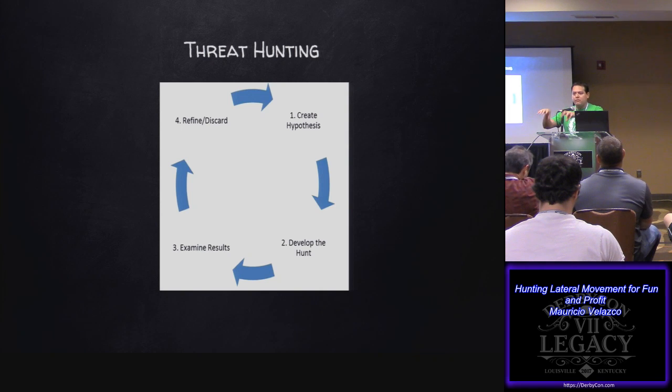You're going out there, digging through information, and armed with knowledge of how offensive is done, using that to create analytics to detect bad stuff. Usually you start with a hypothesis, then you develop the hunt, examine the results, you're definitely going to get some false positives, you refine, and then you do the hunt again. So this is what Oriana will do.